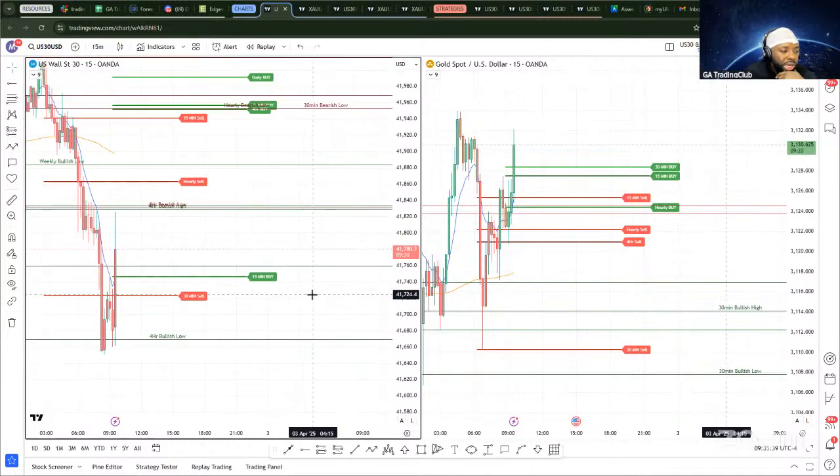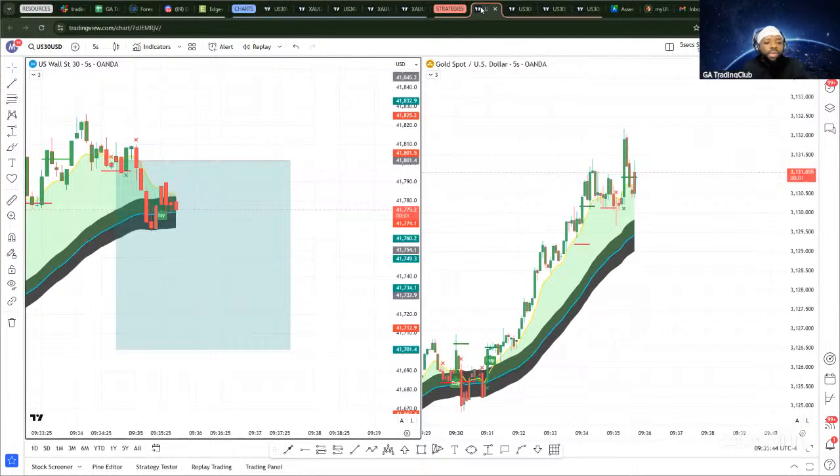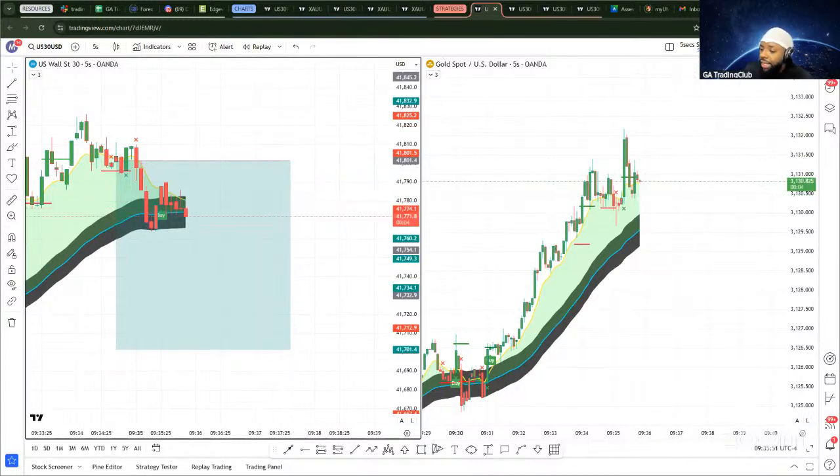I really wish we did not have this 15-minute bullish order block. But it's fine. We'll just wait to see if we get another one. If you took it with a 1:1, you should have already hit your take profit for the day.